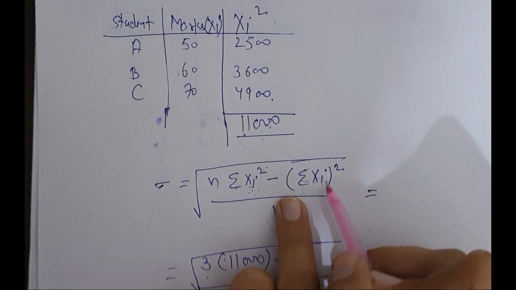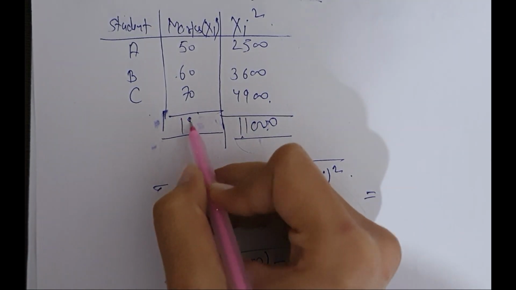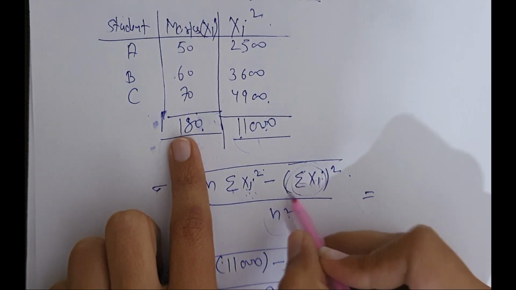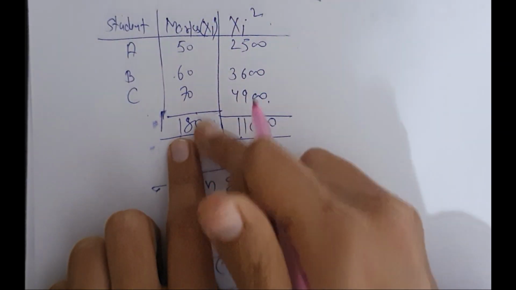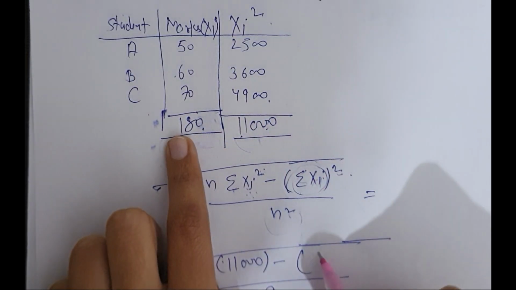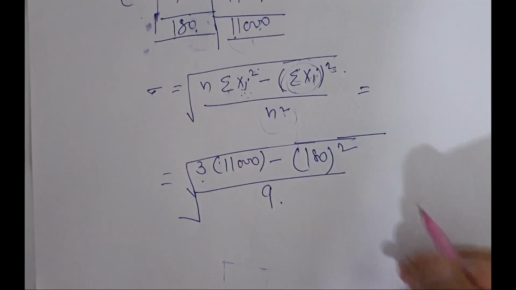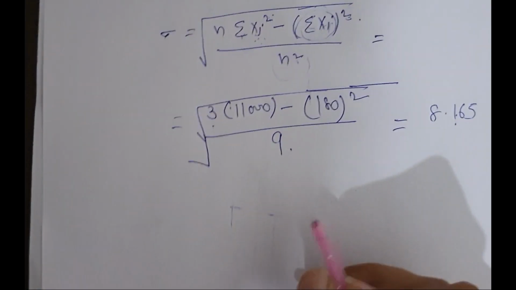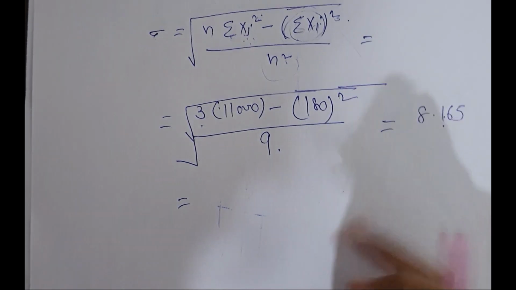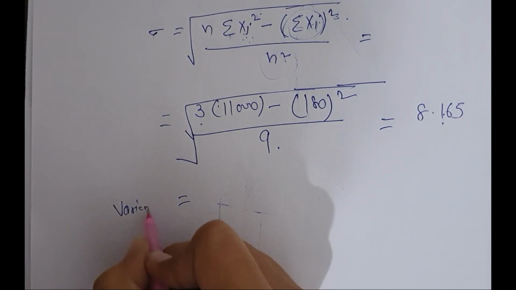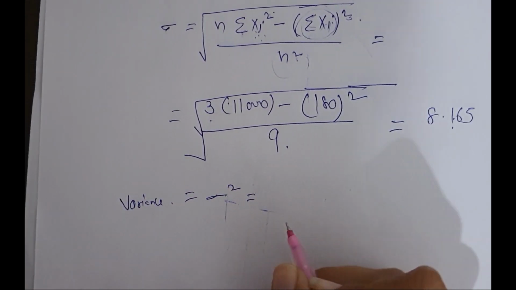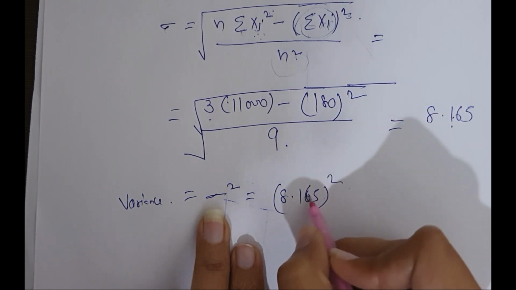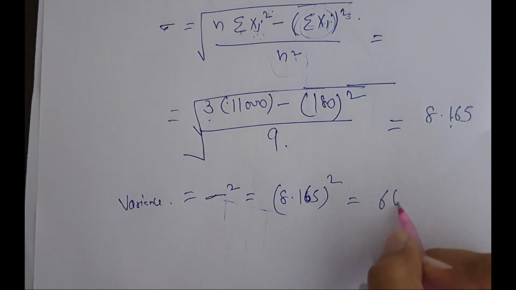Summation of xi is 180, and summation of xi whole square means 180 whole square. Now solve this. The answer will come out to be this. This is the standard deviation. If this is the standard deviation, then its variance will be standard deviation square, and the answer will come out to be this.